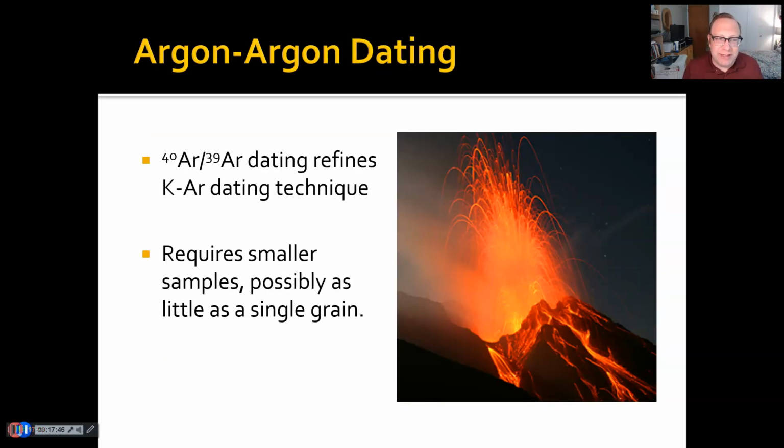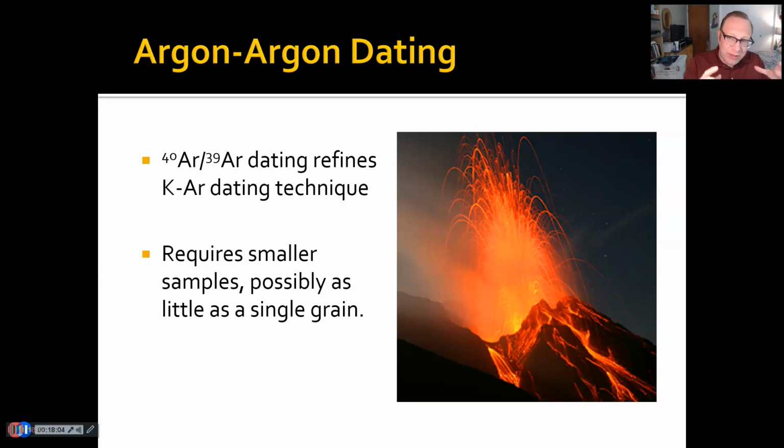There is a related technique of Argon-40 to Argon-39 that also helps refine this and requires smaller sample sizes. But that gives you an idea of how you can sort of reset the clock based on something.